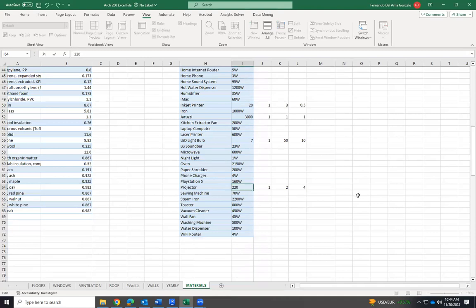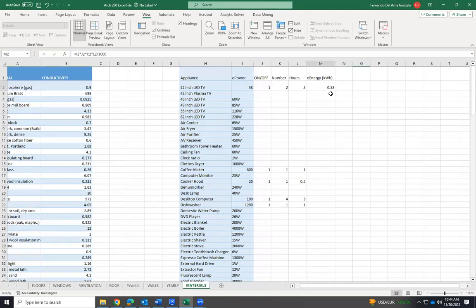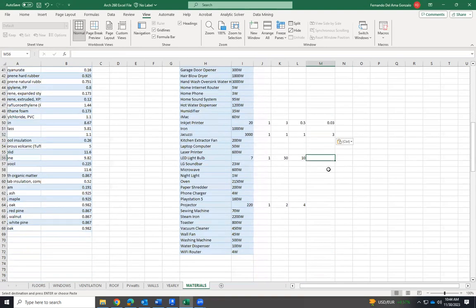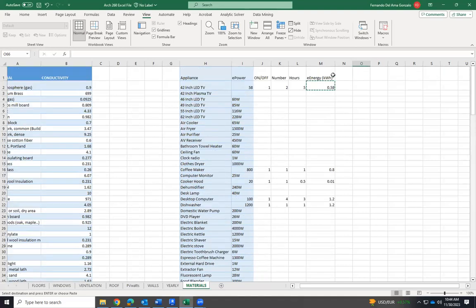And I think we're all set. Now I can copy this formula here. Okay, so that's the energy consumption of all our devices in one day.